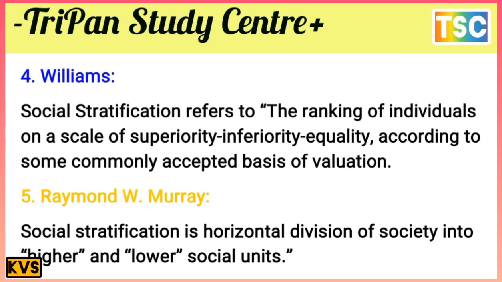Williams has given a definition: social stratification refers to the ranking of individuals on a scale of superiority, inferiority and equality. There are three bases here: superiority, inferiority and equality, according to some commonly accepted basis of relations. That's the definition of social stratification by Williams.